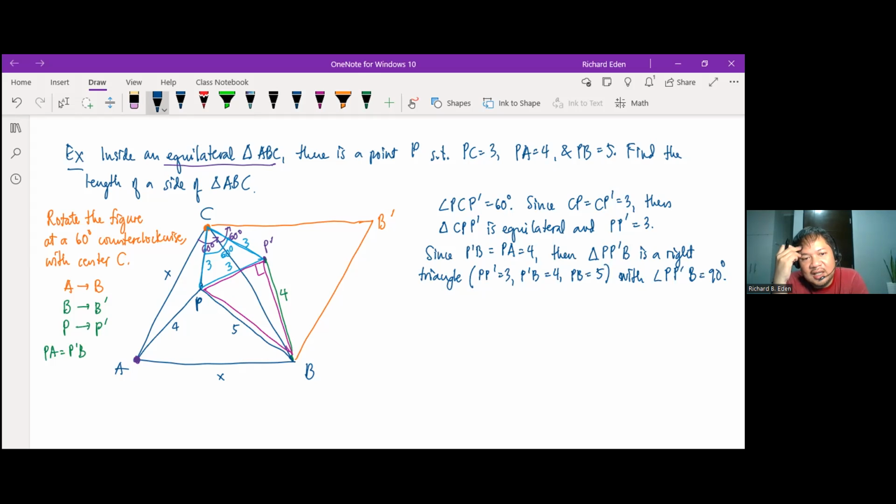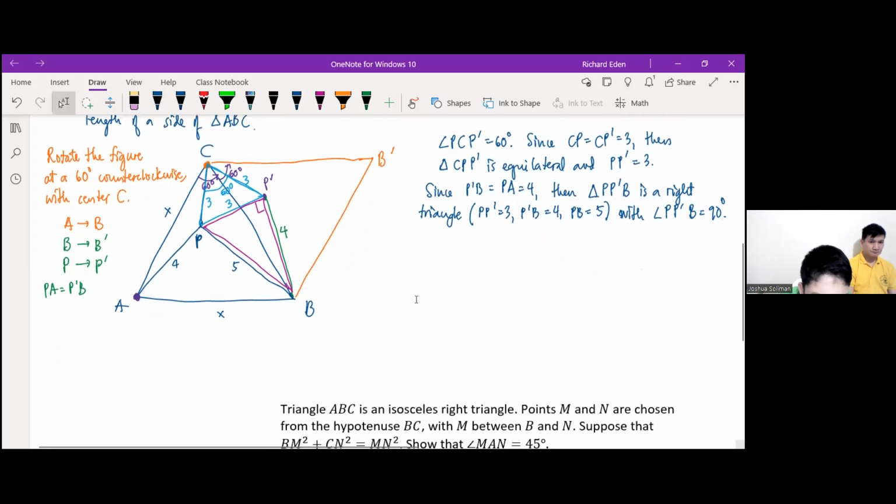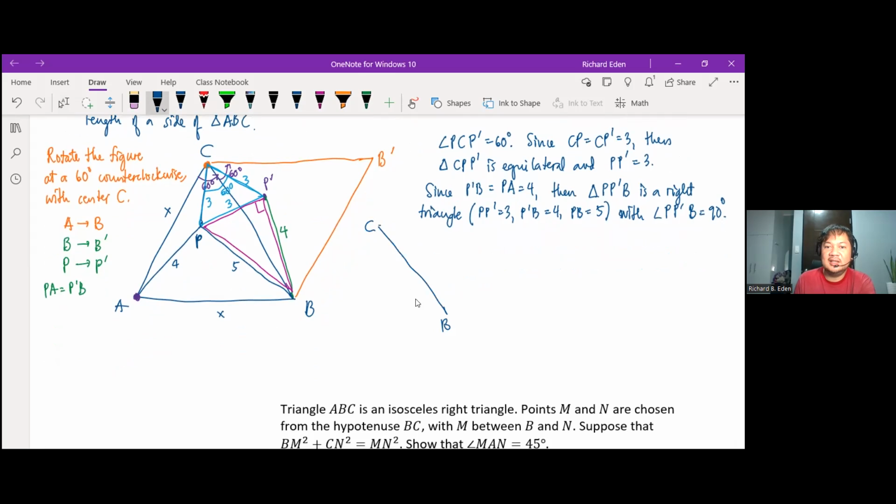Do you see a triangle having BC as a side whose two other legs we know? 3, 4. And in fact, do we know the included angle? 60 plus 90. Yeah, 60. You see that now?